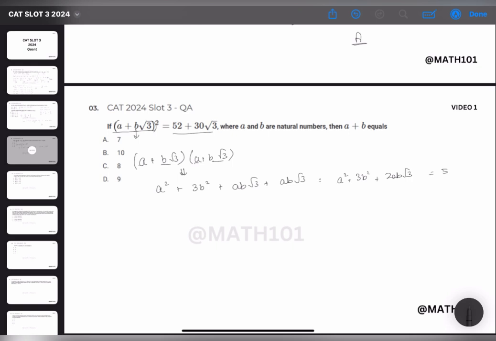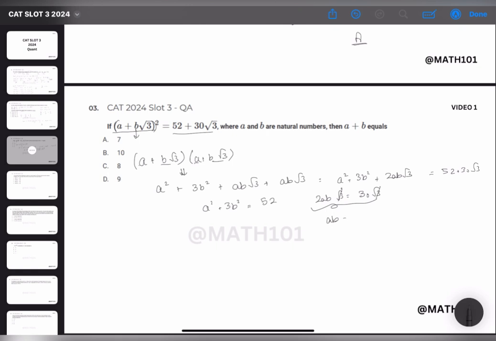And this is equal to 52 plus 30 root 3. So we have a square plus 3b square equals 52, and 2ab root 3 equals 30 root 3. This can be simplified, root 3 goes away.